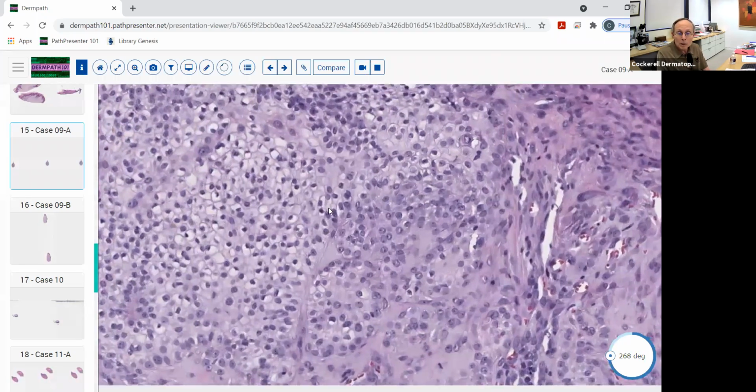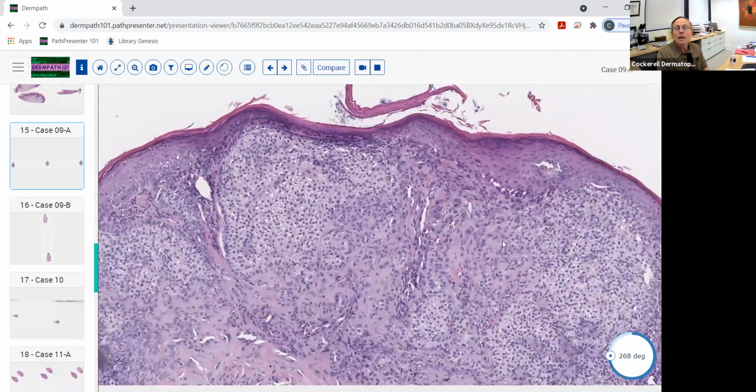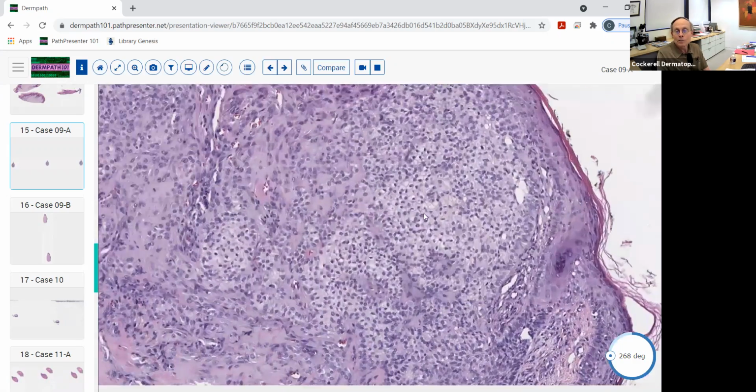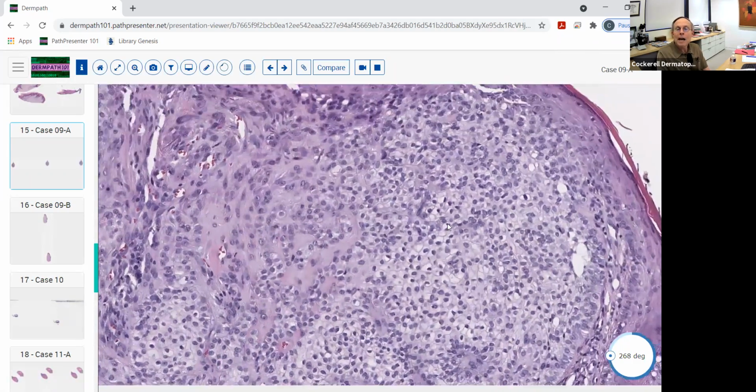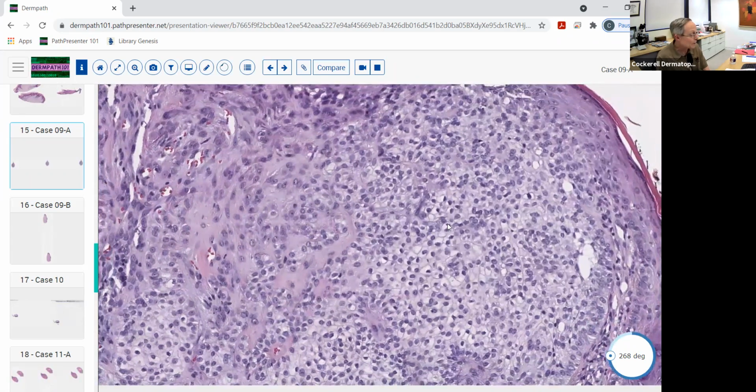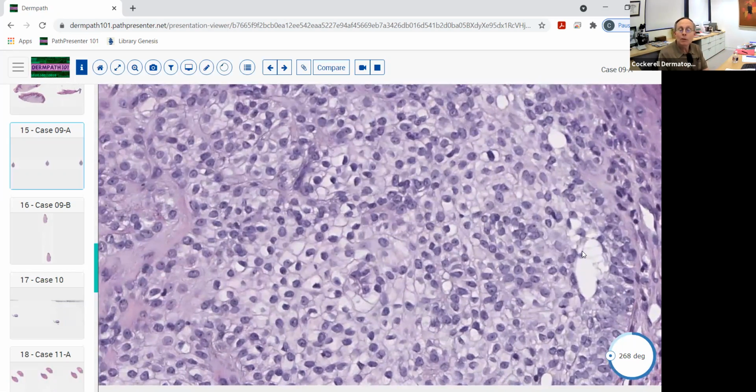So trichilemmomas, especially multiple trichilemmomas, think Cowden syndrome. And the other situation where you can see it with Cowden's is a sclerotic fibroma, and that's coming up in a minute, which is associated with Cowden's as well. Dr. Ron Rapini was one of the first guys that made that association.